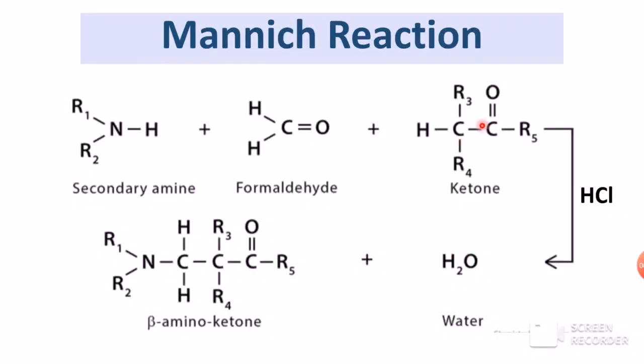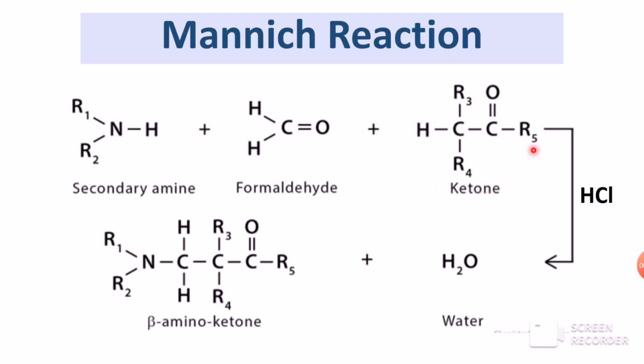It means this is the carbonyl functional group of the ketone, and this carbon is next to the carbonyl group. So this carbon is attached to the carbonyl functional group by this bond, so it is called the alpha carbon with respect to this carbonyl functional group, and this hydrogen atom is attached to this alpha carbon, so this hydrogen atom is called the alpha hydrogen.